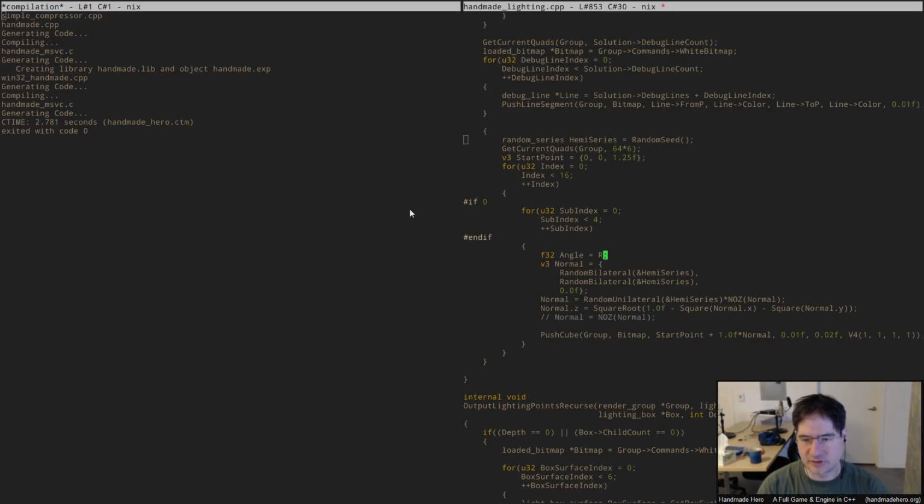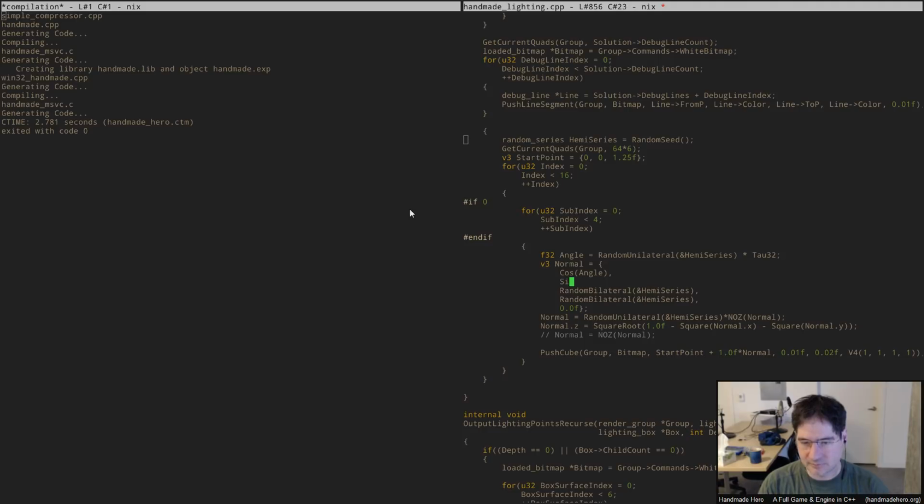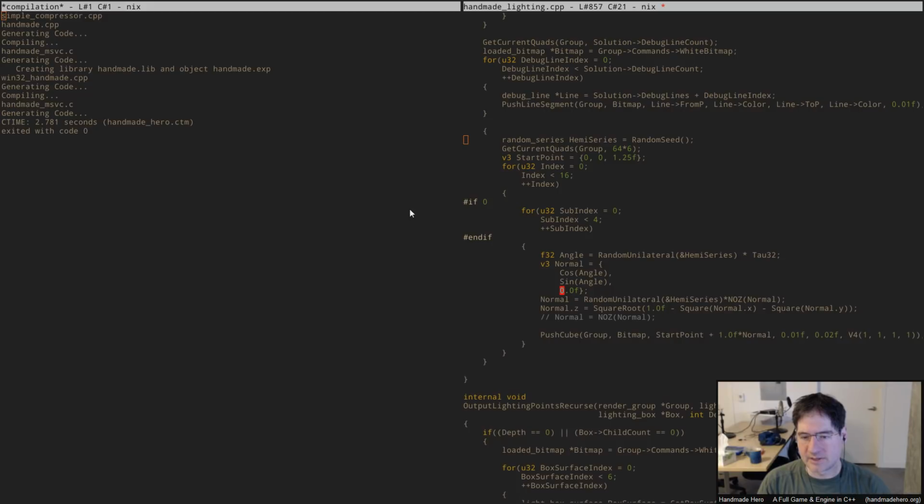So I'm going to switch to using a random unilateral here, and I'm going to say times tau 32, right? So basically, we're going to take a value from 0 to 2 pi, and we're going to produce that angle, right? Then, instead of normal being this, what I'm actually going to do is say it's going to be cosine of the angle, sine of the angle, and then I'm going to compile, right?